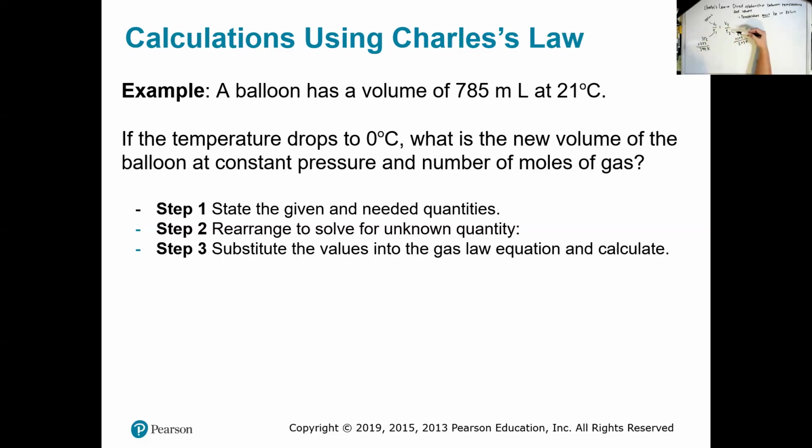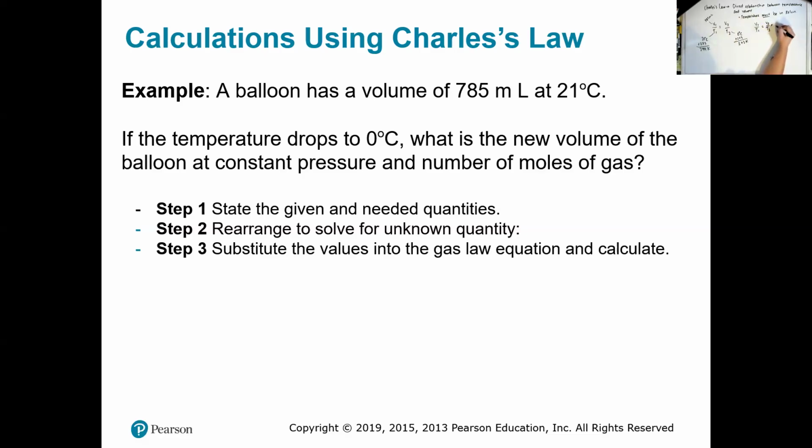And you can, like we just were showing before, solve for our unknown variable before we plug in any numbers. How do we get volume 2 on its own, isolated? We multiply both sides by T2. Okay? So think about this. If I'm trying to find volume 2, that means that I need to get it all by itself.